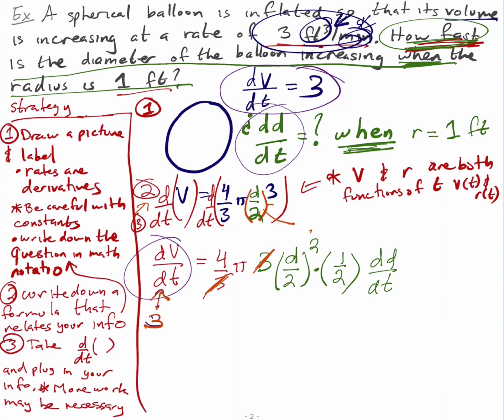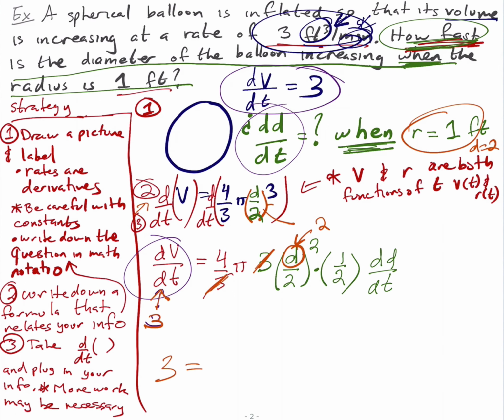Now, what about D this time? What is D? If R equals 1, then D equals 2, right? Okay.